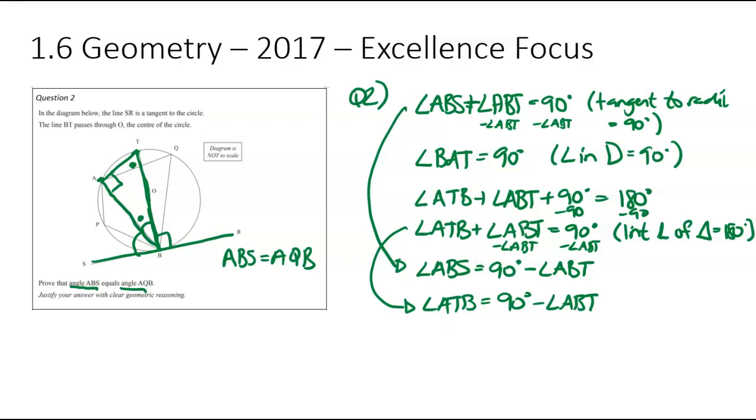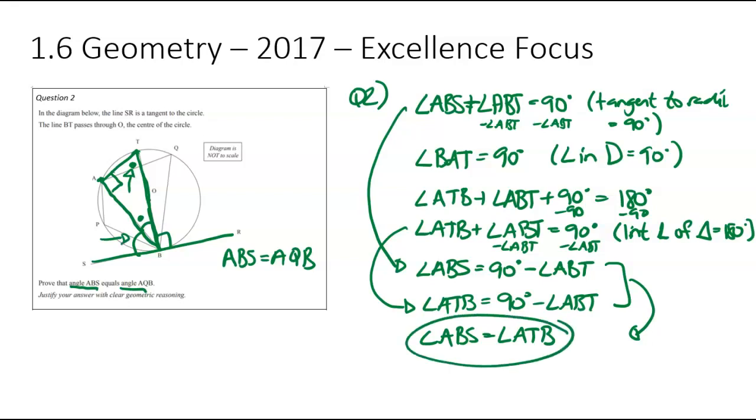So from these two here, I know that angle ABS is equal to angle ATB. That means this angle up the top, which is ATB, is going to be equal to this angle down the bottom, which is ABS. That's what this here is telling us.